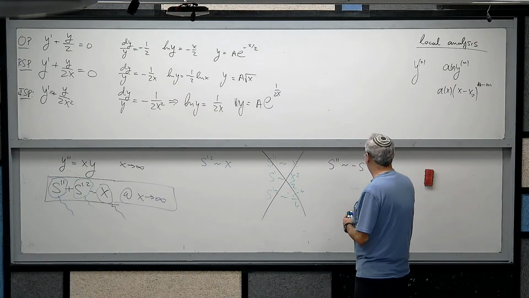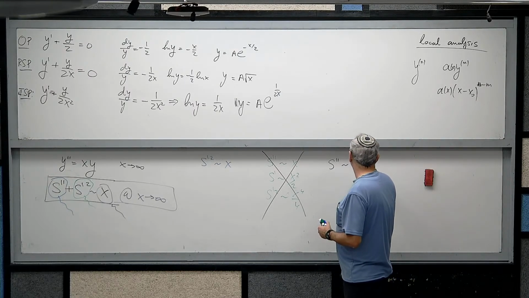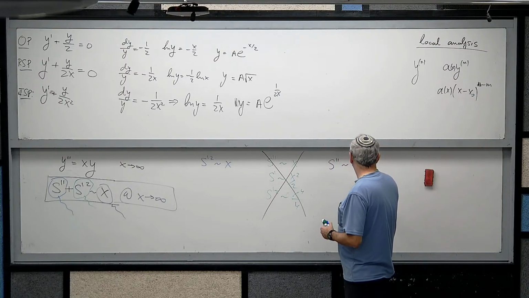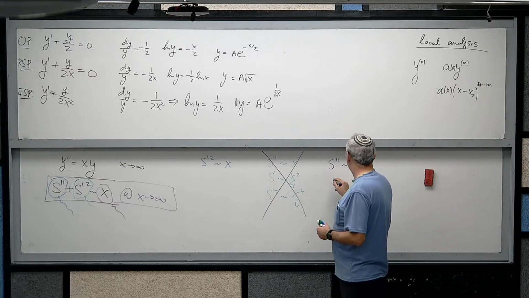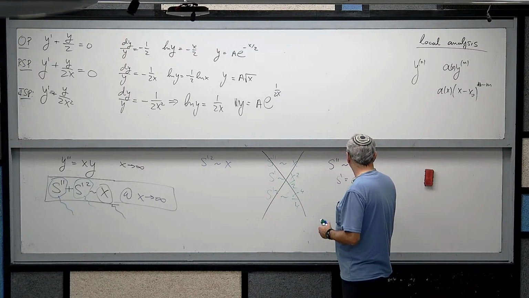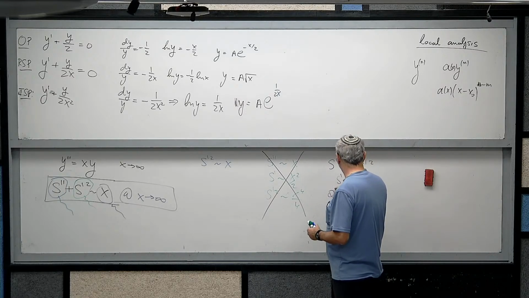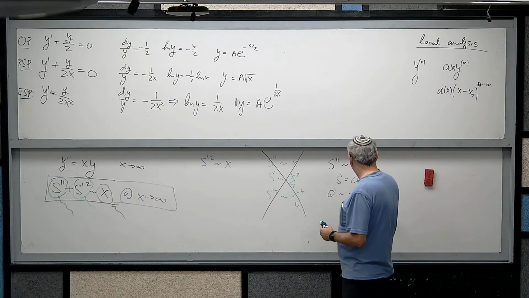Next, let's go to this strategy. This is S double prime going like S prime squared. What does that mean? Let's call S prime Q. So what it tells me is that Q prime is going like minus Q squared.